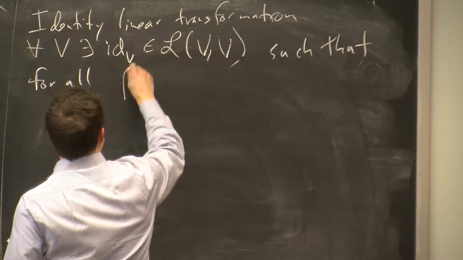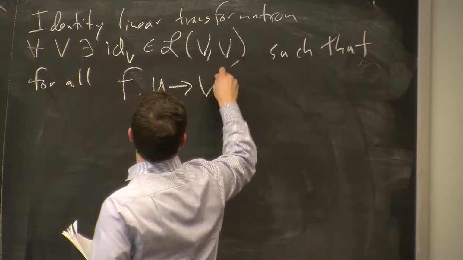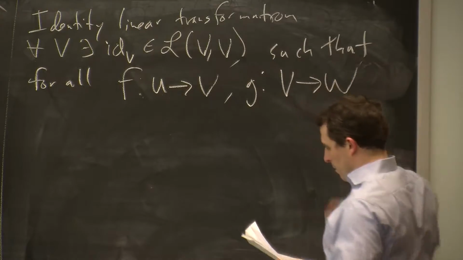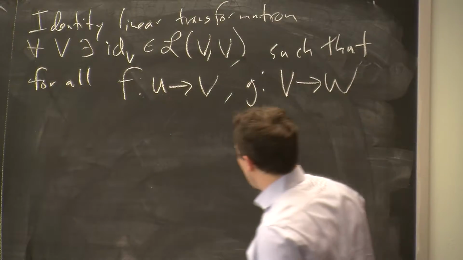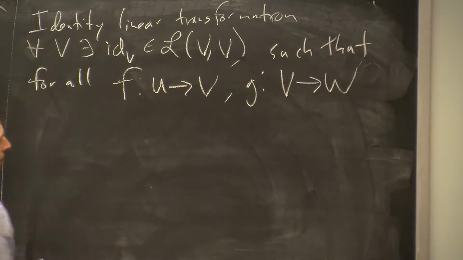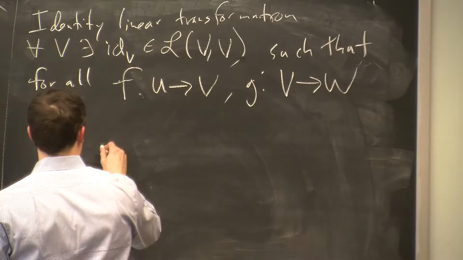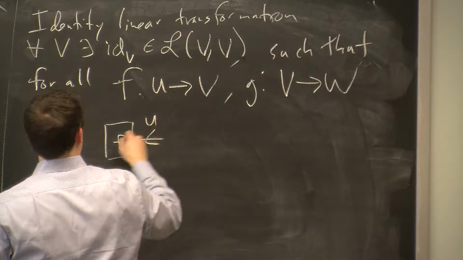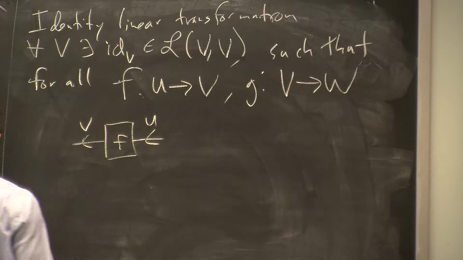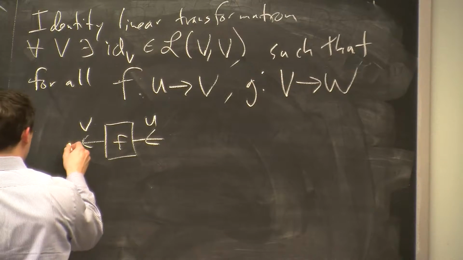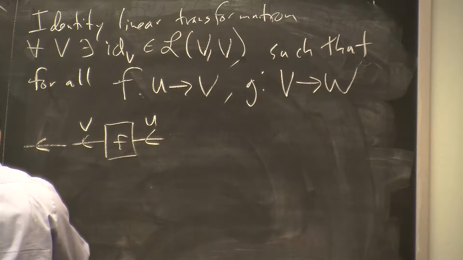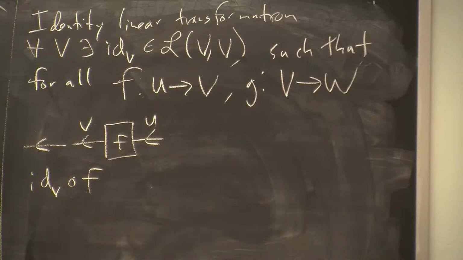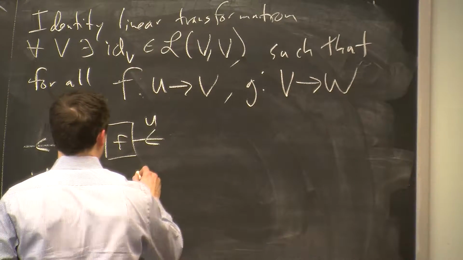So if I take a function f that goes from U to V and another function g that goes from V to W, we need that there are left and right identities. So in other words, here's my f from U to V, and I have an identity. The identity on V composed with f is equal to f.